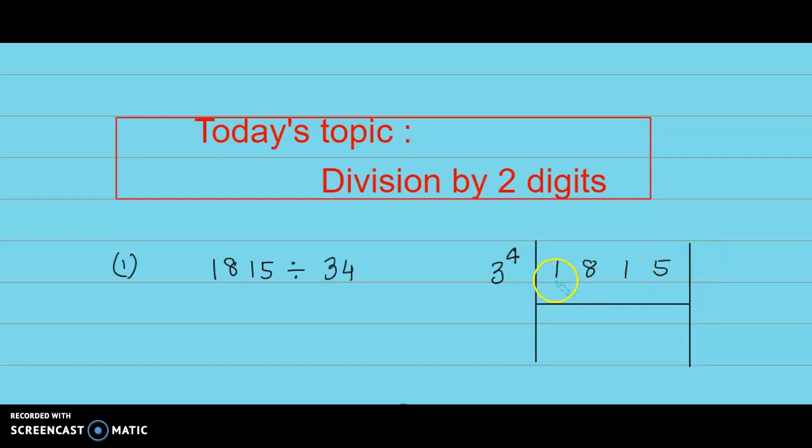So we will use 5 only. 3 5s are 15. So write 5 over here and 15 over here, and then subtract it.